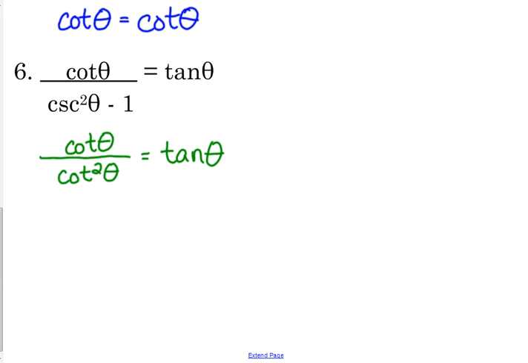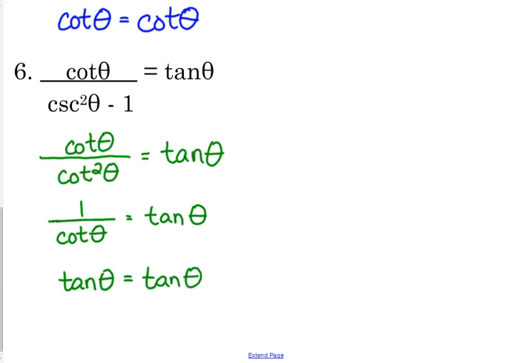Think about it as x over x squared. Okay, x over x squared is 1 over x. So cotangent over cotangent squared is 1 over cotangent of theta. Well, isn't cotangent of theta the reciprocal of tangent? 1 over cotangent is equal to tangent.